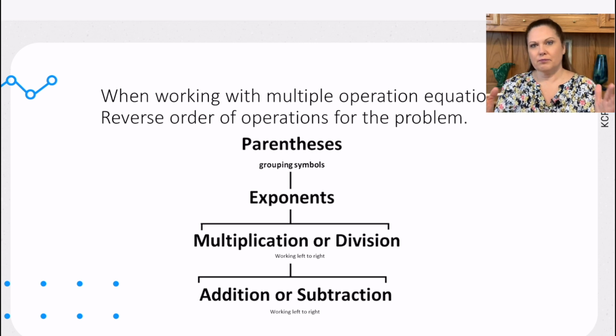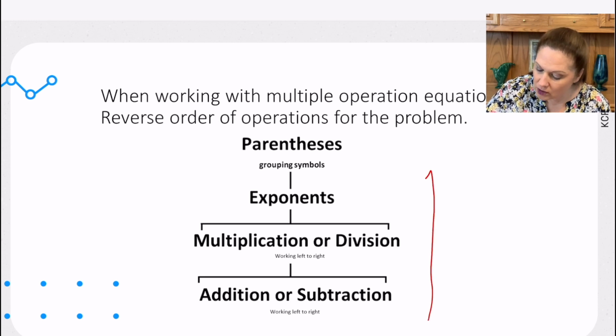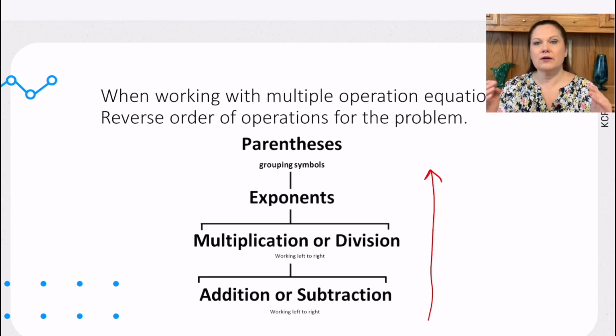So parentheses, grouping symbols, then we're going to do exponents, then it's multiplication or division working left to right, and then it's addition or subtraction working left to right. But remember, we're undoing these, we're working them in reverse.